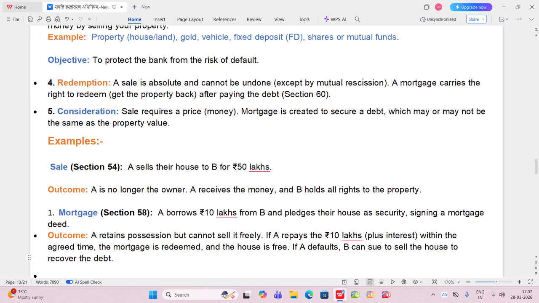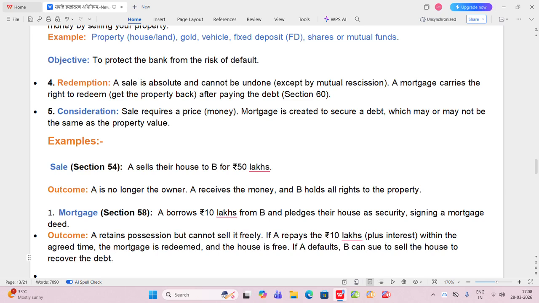If A repays the 10 lakhs plus interest, whatever the interest coming on the loan of 10 lakhs, within the agreed time, then the mortgage is redeemed. The house is free and all the rights of the property are returned to A.